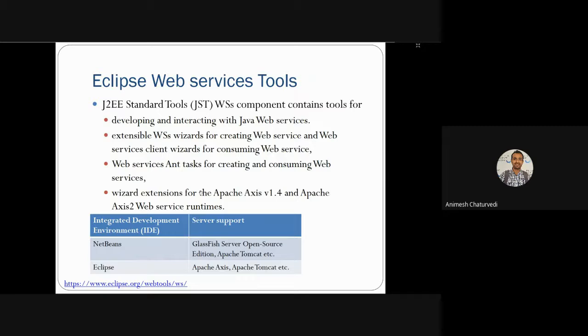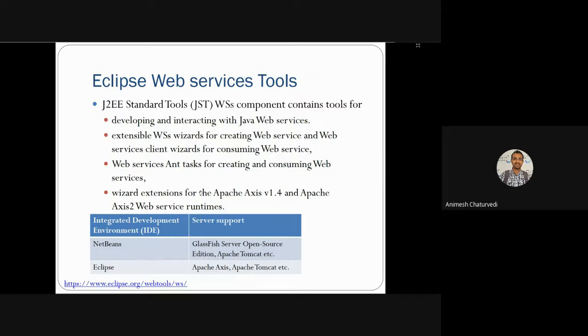So first you create the web service, and then you also parallelly create a web service client, and you manage all these operations, input parameters, output parameters with that feature of Eclipse web service tools. Then you have the server management with the web service Ant task.